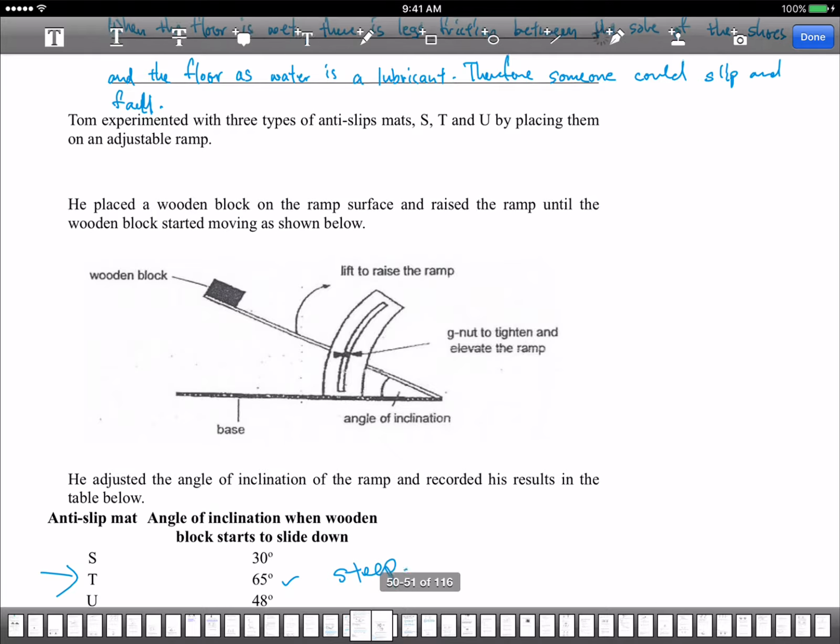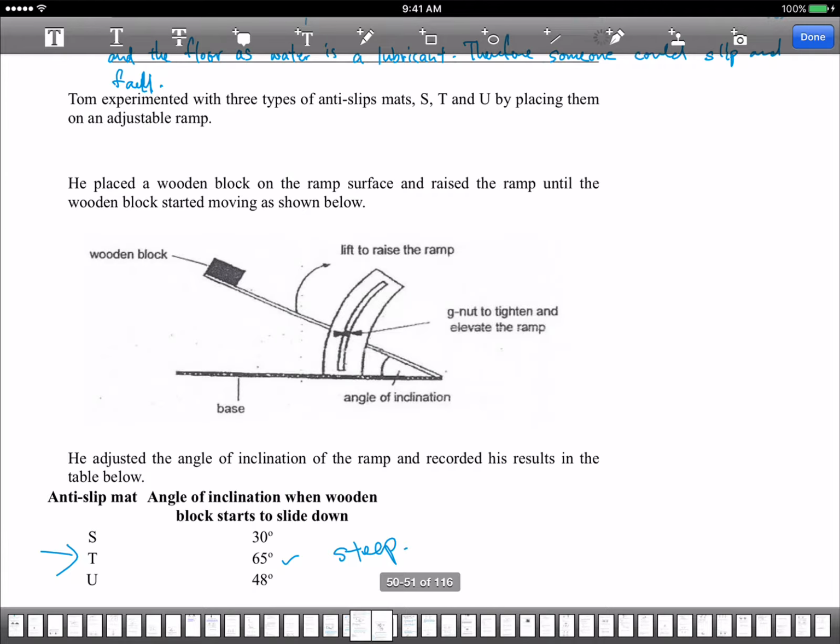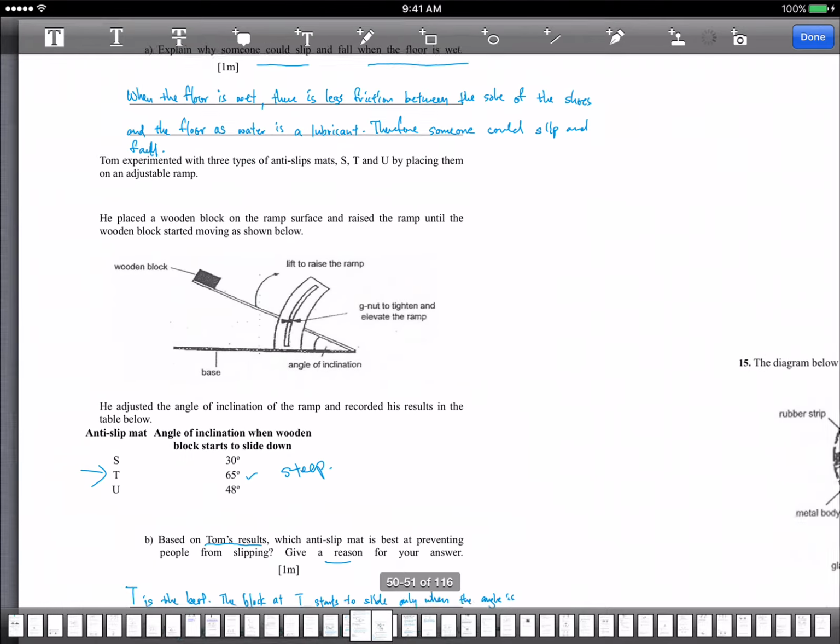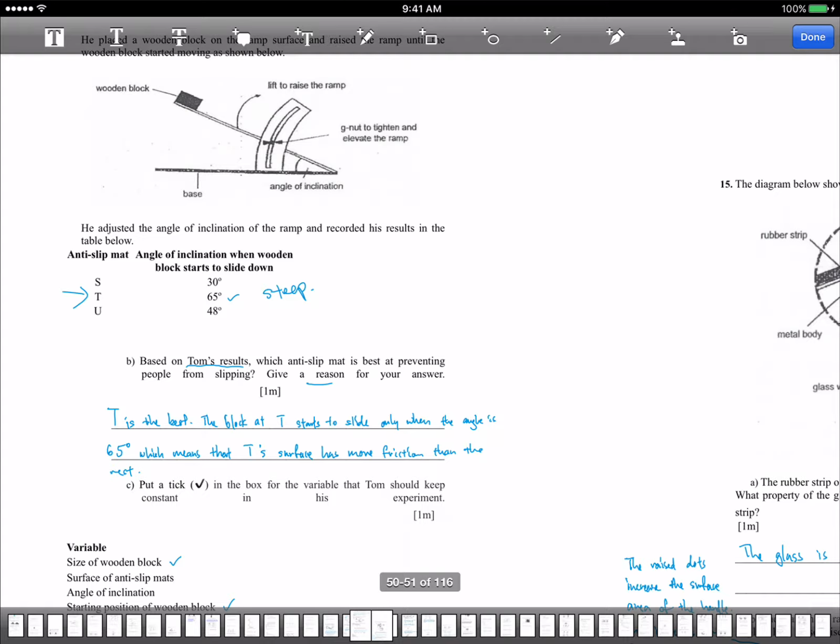Okay, next. Tom experimented with 3 different types of anti-slip mats.